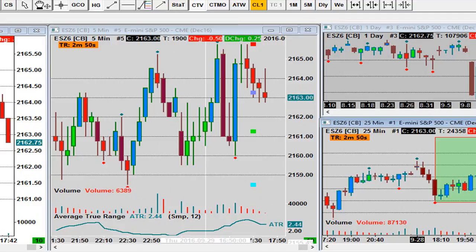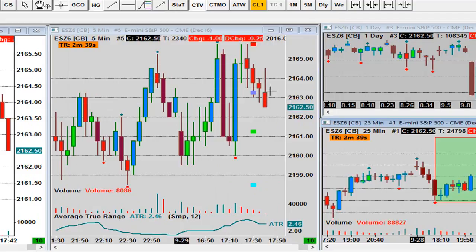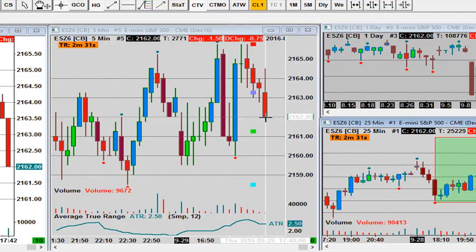As you can see, the trade is going in our favor right now, and I want you to see something. This bar here, the current 5-minute bar, started as a bullish engulfing bar, and now it's going downstairs.